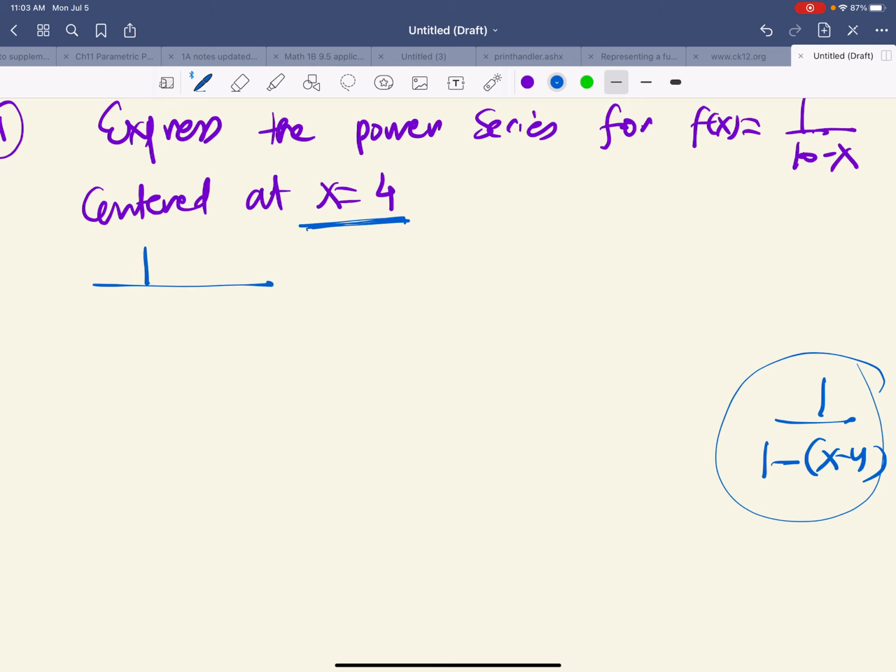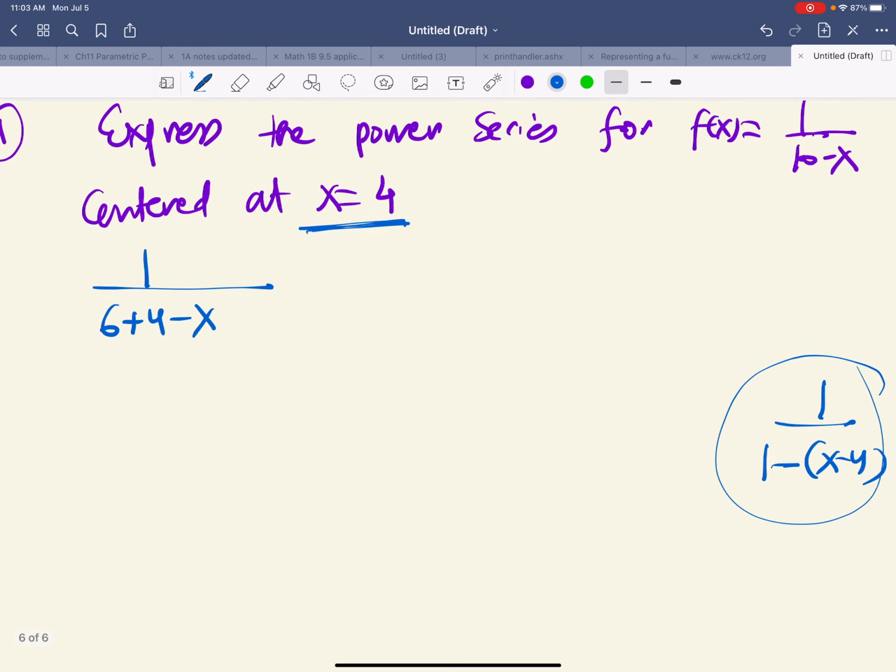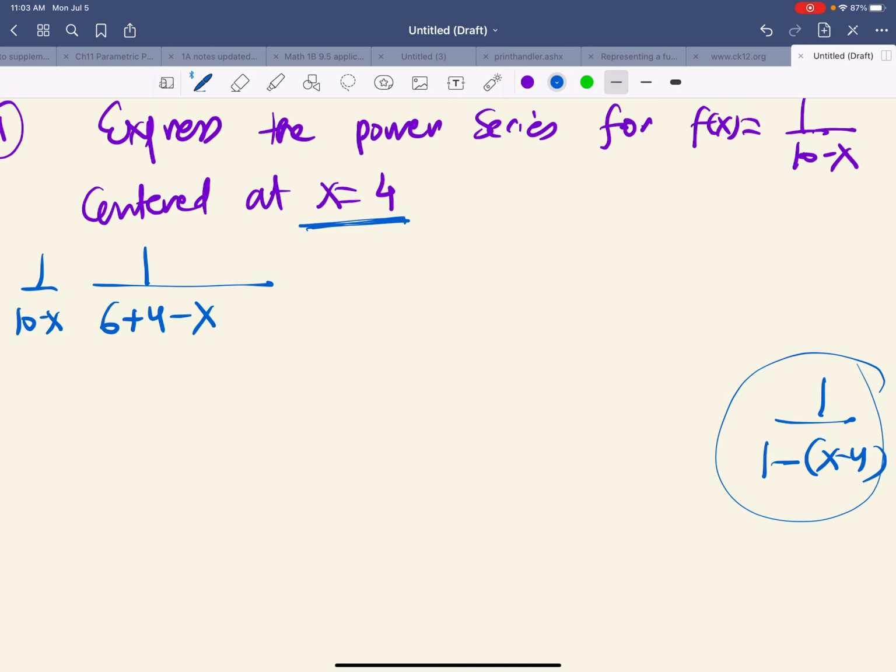So let's rewrite it. 1 over 10 minus x can be written as 1 over 6 plus 4 minus x. I can rewrite it like that: 1 over 6 minus x minus 4. Yep, if I pull out a negative, this would be x minus 4 now, because x would become positive.